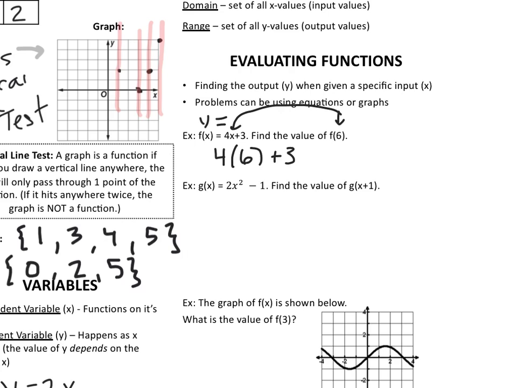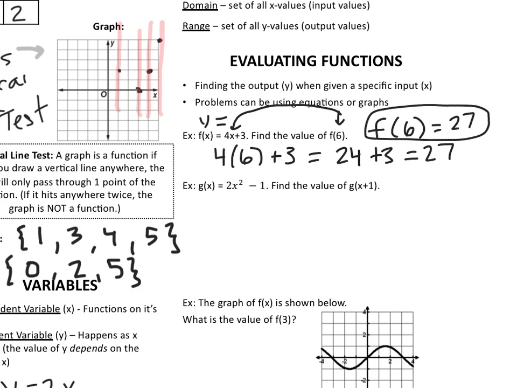So you're evaluating that function at x equals 6. And so we would get 4 times 6 is 24, plus 3 equals 27. So f of 6, the function evaluated at x equals 6, equals 27. And that would be your answer. So you're going to take whatever is in here and plug that in for wherever you see the x value.